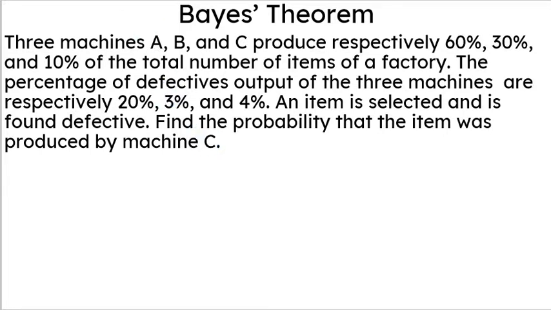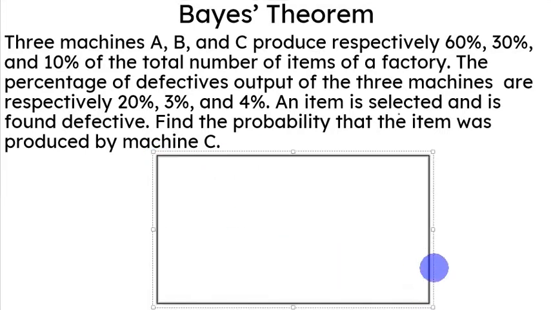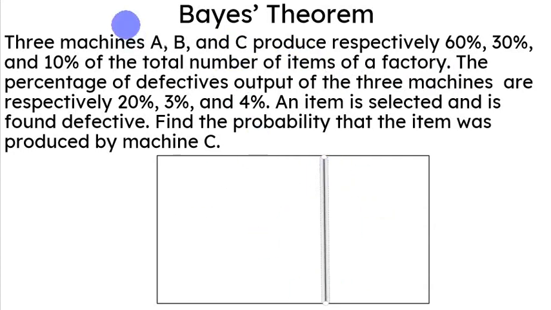So let's illustrate this one. We have again our total set here. And then we are told that for machine A, it's 60%. So the 60% of the total number of items in the factory belongs to machine A. And let's write that down. 60%.